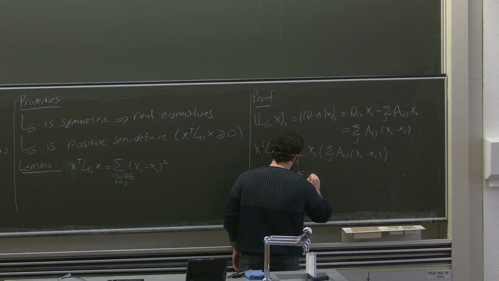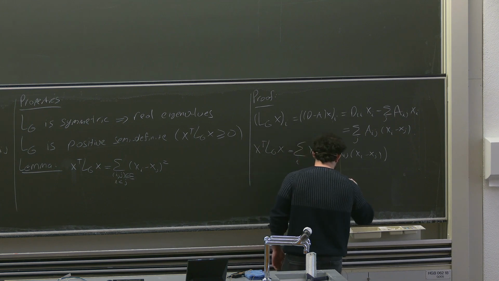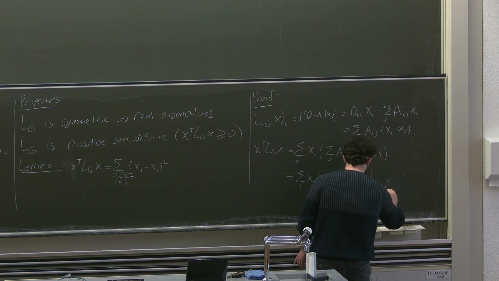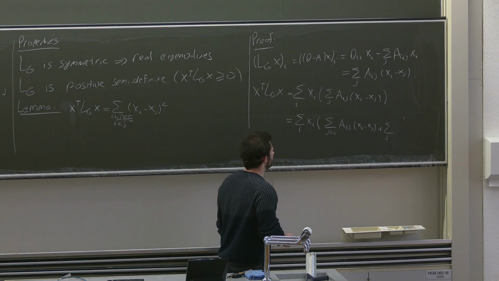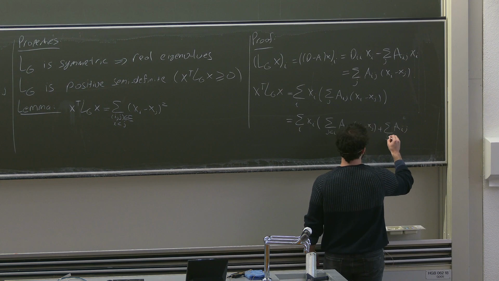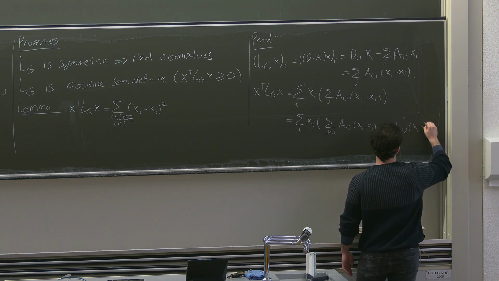Sum over i of x_i times the sum over j less than i of a_ij (x_i minus x_j), plus the sum over j larger than i of a_ij (x_i minus x_j).